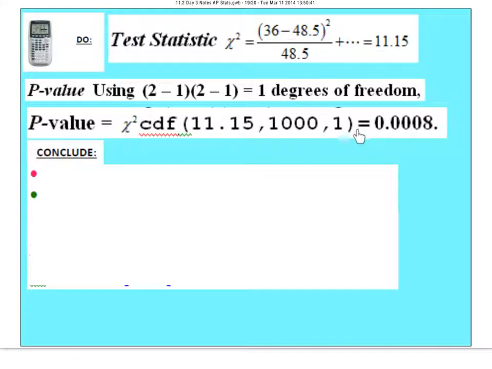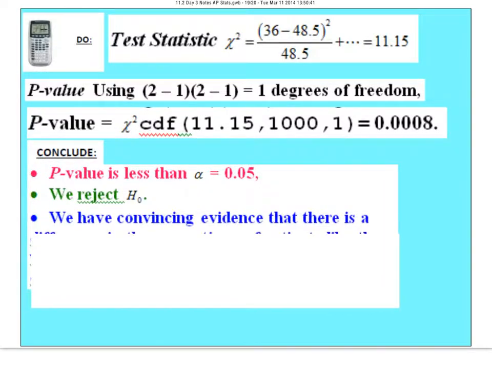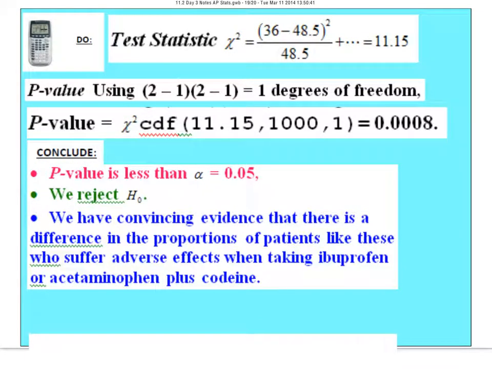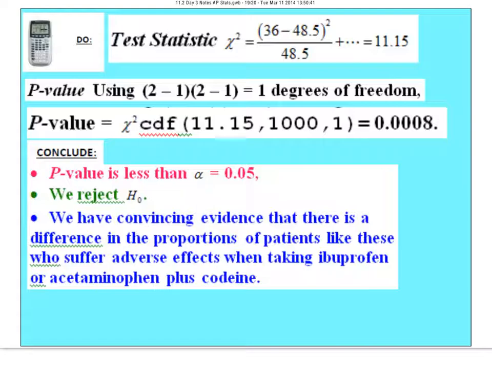It's a very small p-value. Based on that, we can make our conclusion and say that the p-value is less than 0.05. It's 0, which is less than 0.05 really. Therefore, we reject H sub 0. And we have convincing evidence that there is a difference in the proportions of patients who suffer adverse effects when taking ibuprofen or acetaminophen with codeine.